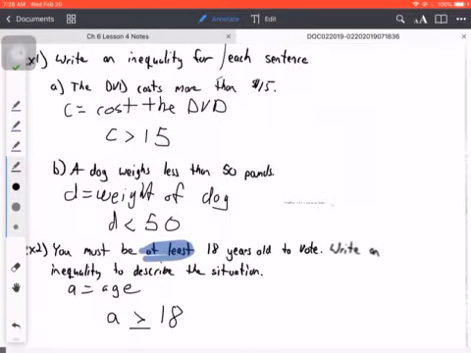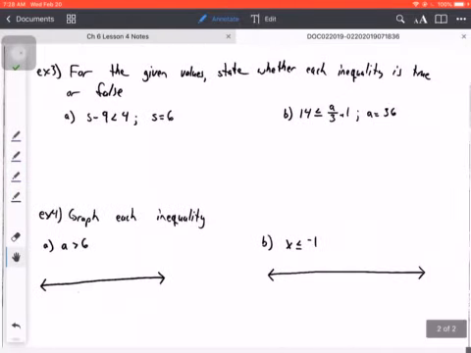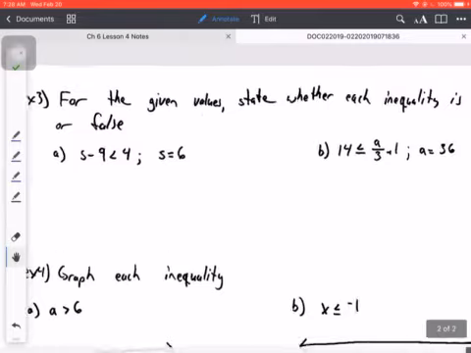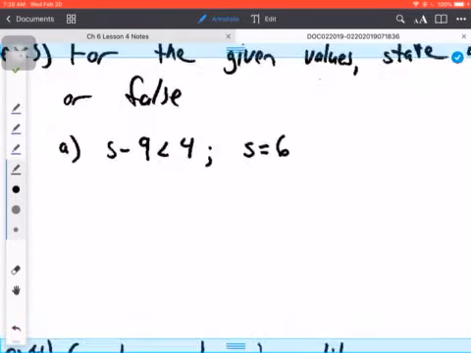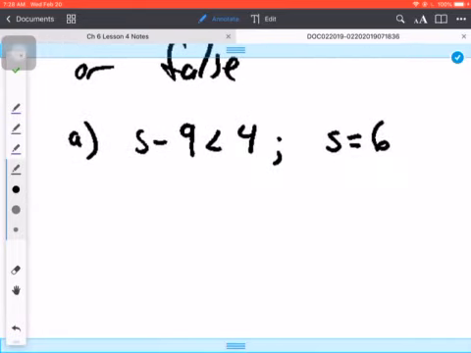All right, let's look at the next slide then. Example 3 at the very top. It says, for the given values, state whether each inequality is true or false. Which means what we want to do is take this 6 here and substitute it in for S and evaluate.